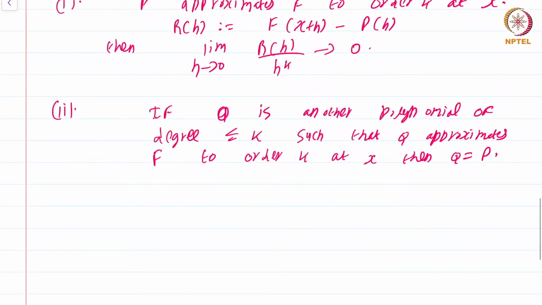Right? That means there is only a unique polynomial which has the feature that that polynomial approximates f till order k.